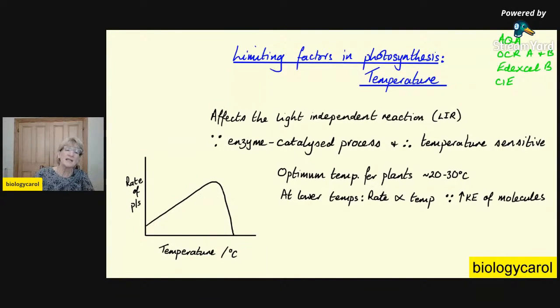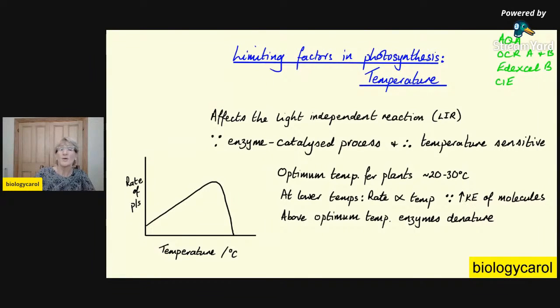And actually, in this portion of the graph, this is where temperature is the limiting factor. You can tell if something is the limiting factor because it will be the thing on the x-axis, and the line showing the rate will be going up. So here we have temperature as the limiting factor.